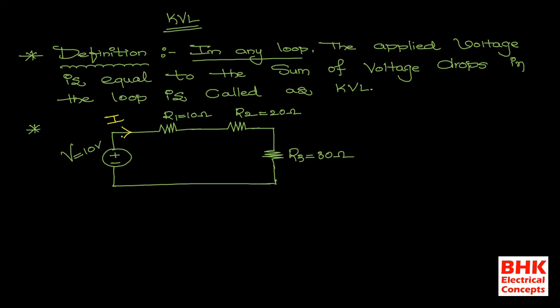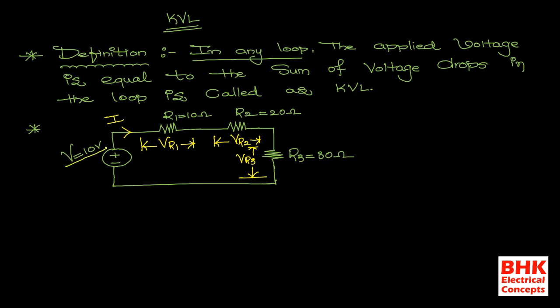Now when the current is flowing through the resistances R1, R2, R3, we are going to see some drops. The drop across resistor R1 I am considering as VR1, the voltage drop across the resistance R2 is VR2, and the voltage drop across the R3 resistance is VR3.